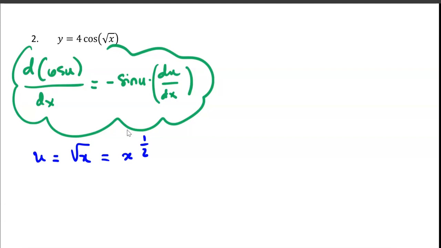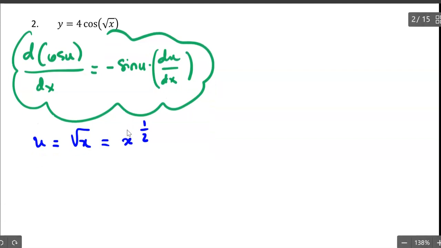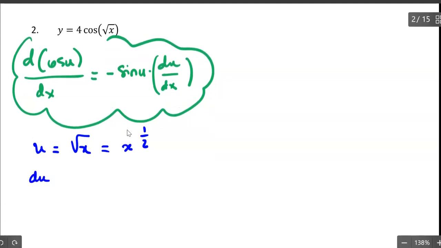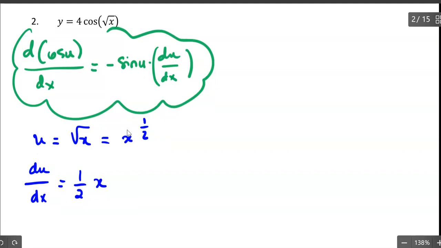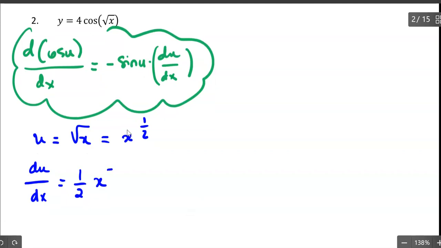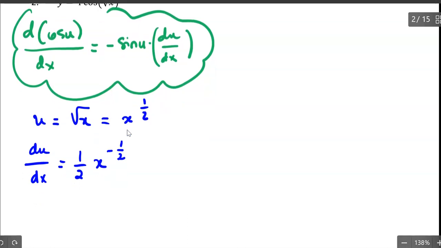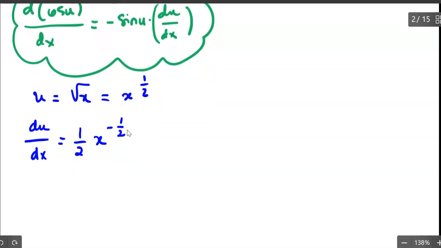So when you have x to the exponent a half, you can go ahead and differentiate this. So du over dx is equal to a half times x. Take 1 away from a half, so I will have negative half. Okay, so your du in terms of x is done. So let me simplify this by rewriting it as positive exponent.